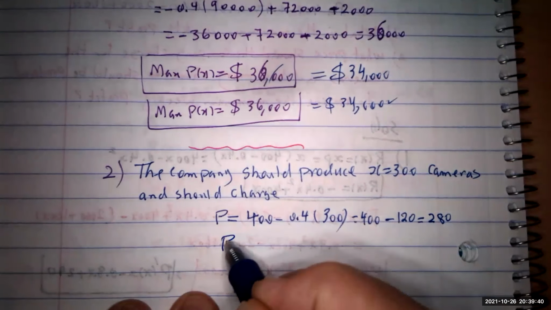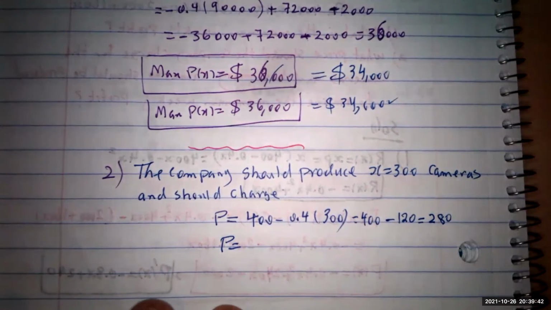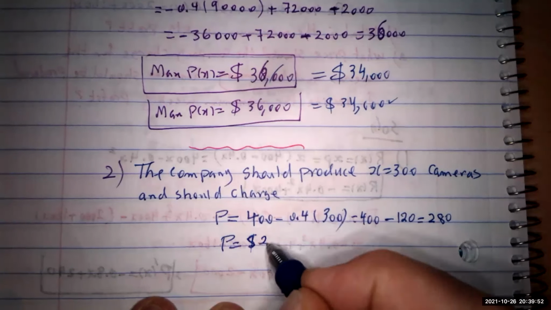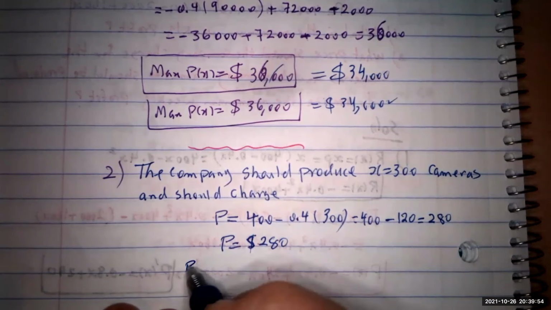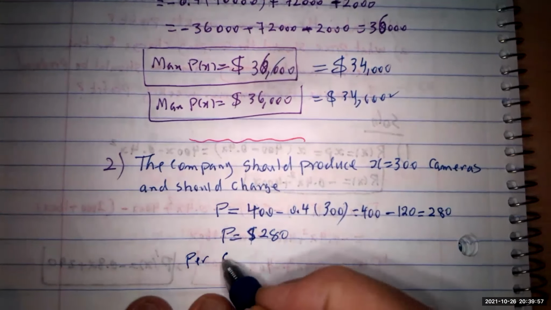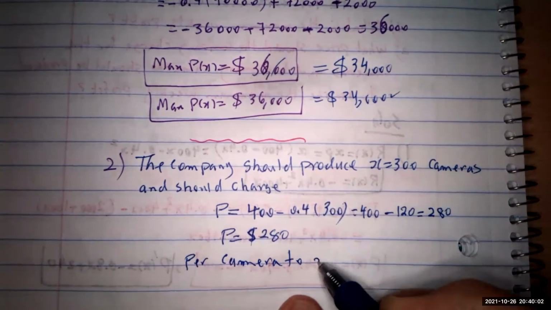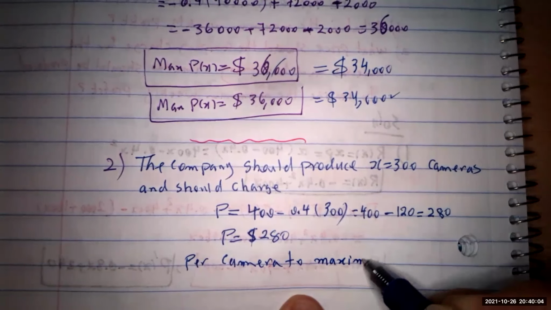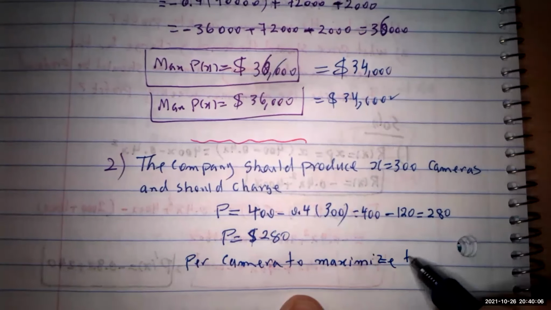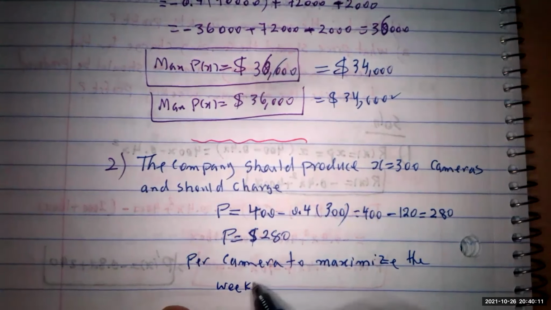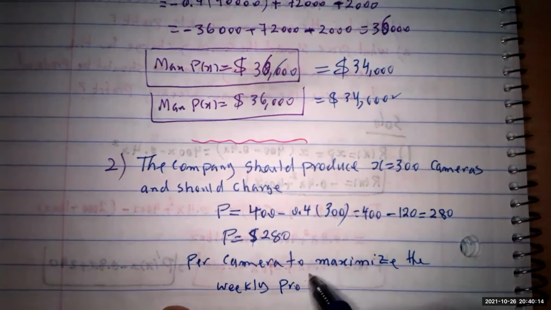Okay, so the price that they have to charge is going to be dollars. $280 per camera, per unit, to maximize the profit, to maximize the weekly profit.